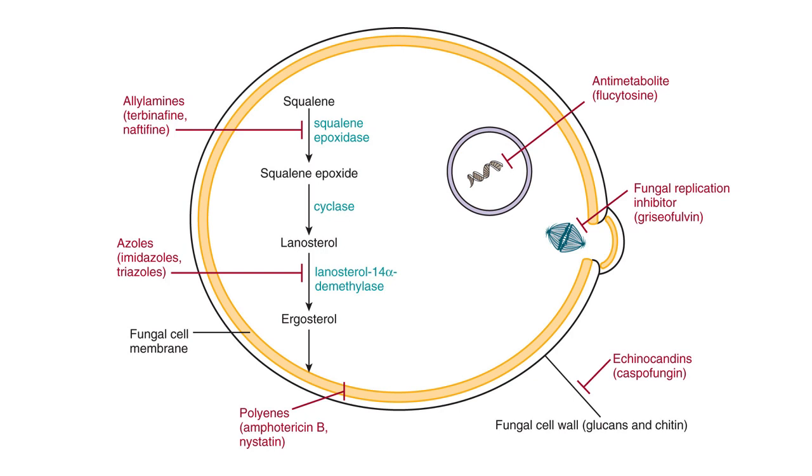So another class of antifungal agents would be those that act on the genome of the fungus. So an example of this would be the antimetabolite flucytosine.